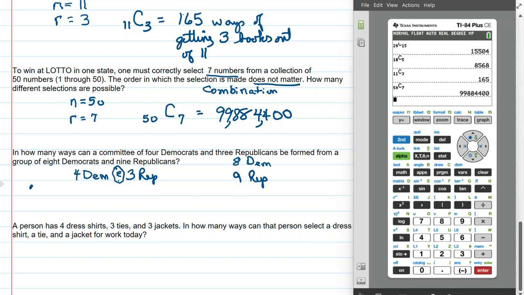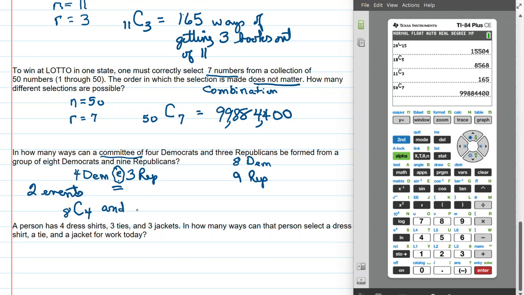One of them is asking for 4 Democrats and 3 Republicans. And there are groups. See where it says here, committee. Committee meaning groups. So on the Democrats, we have 8, choose 4, and to that we're going to do Republicans, there were 9, choose 3.